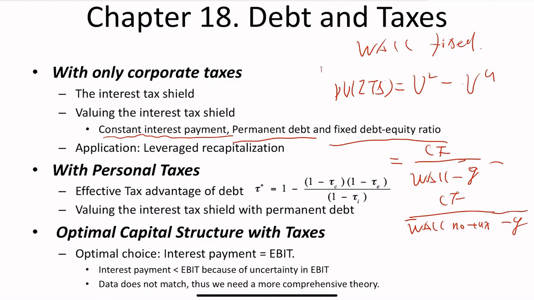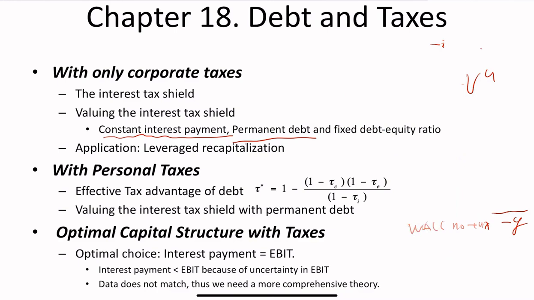So this is the idea to back out the present value of the interest tax shield when we have the assumption that the debt equity ratio is fixed. And again, we encounter the application that is leveraged recap.